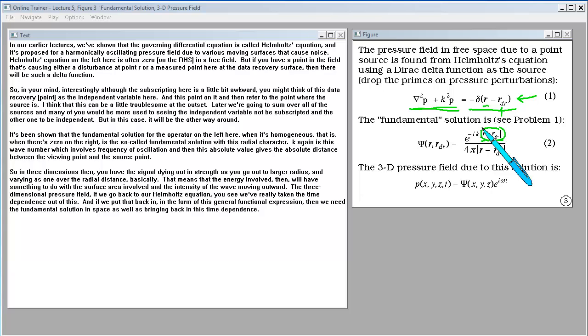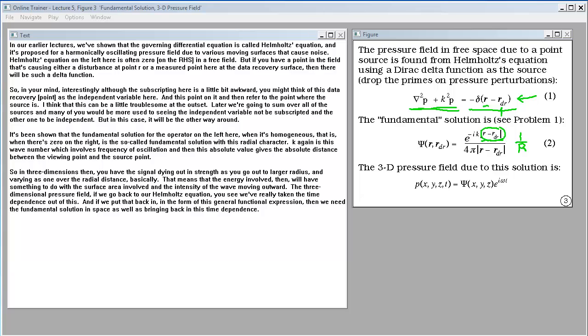So in 3 dimensions then, you have the signal dying out in strength as you go out to larger radius, and varying as 1 over the radial distance, basically. That means that the energy involved then will have something to do with the surface area involved and the intensity of the wave moving outward.